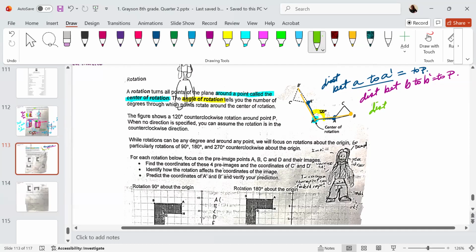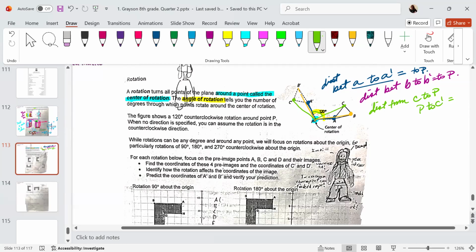The distance from C to P and then from P to C prime are going to be the same. Okay, now look here. C to P is this green line, correct? P to C prime. Do you see how the distance is exactly the same? That is essentially how you create that 120-degree rotation.